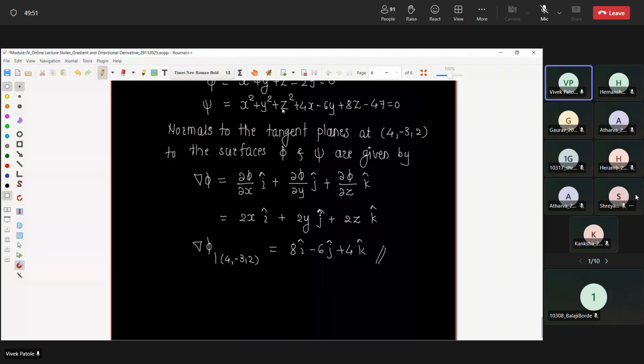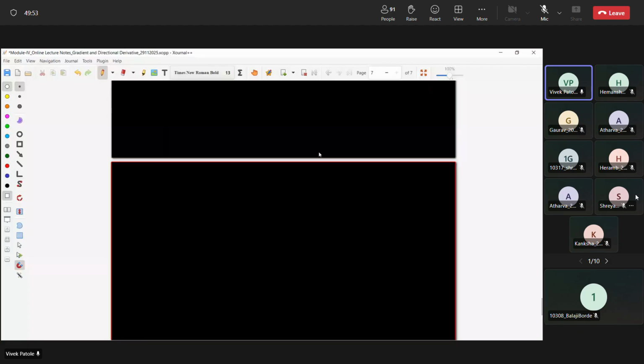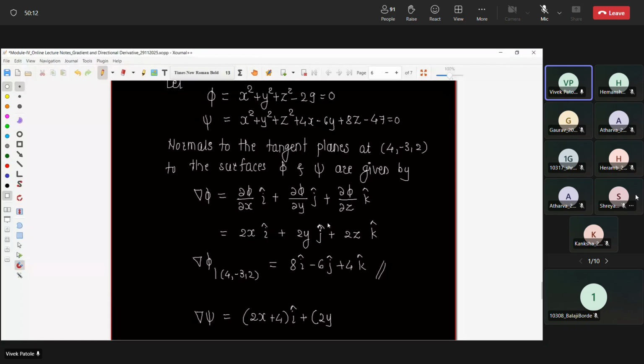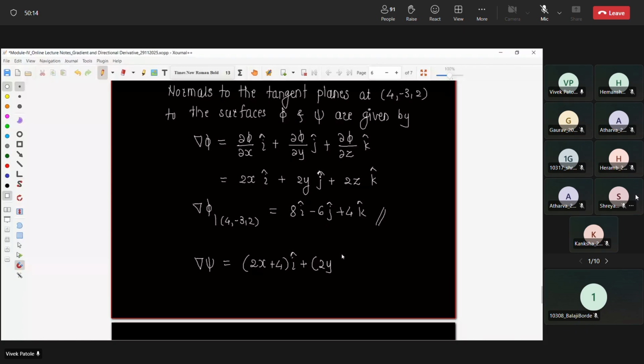Similarly, we have to evaluate del psi now. So what must be del psi? Del psi is equal to (2x plus 4) i cap plus (2y minus 6) j cap.